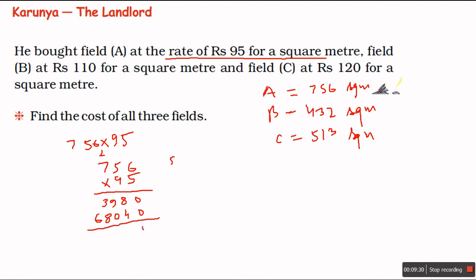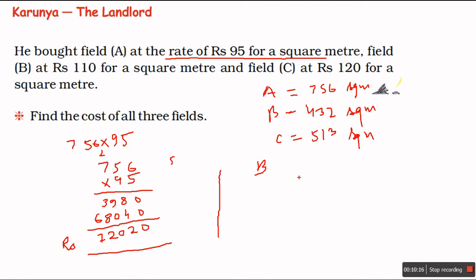Now add. 0 and 4, 12, 2 carry over 1, 9 and 1, 10, 0 carry over 1, 8 and 3, 11, 2 carry over 1, 6 and 1, 7. So rupees 72,020 for field A.